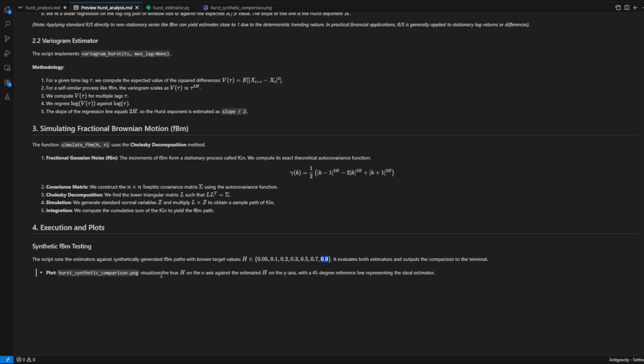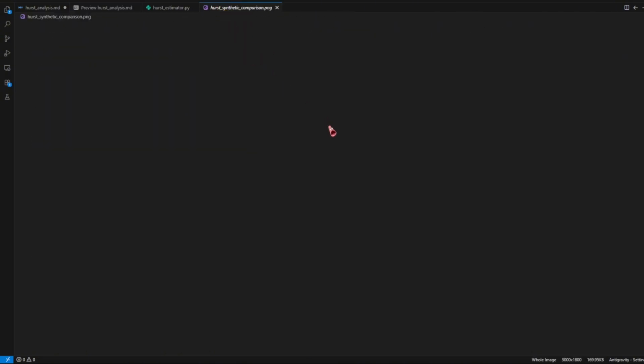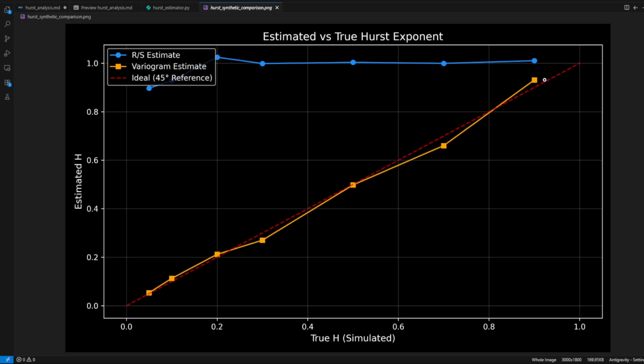This plot visualizes the true Hurst exponent on the x-axis against the estimated Hurst exponents on the y-axis, with a 45-degree reference line representing the ideal estimator.